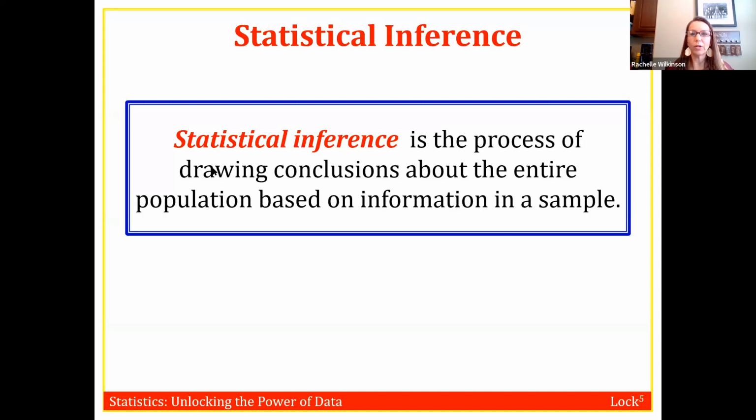It says statistical inference is the process of drawing conclusions about the entire population based on the information in a sample. So in chapter 3, we're going to introduce ourselves to statistical inference, and we're going to talk about one of the methods for statistical inference, which is going to be a confidence interval. So in section 3.2, we'll actually start delving into confidence intervals.